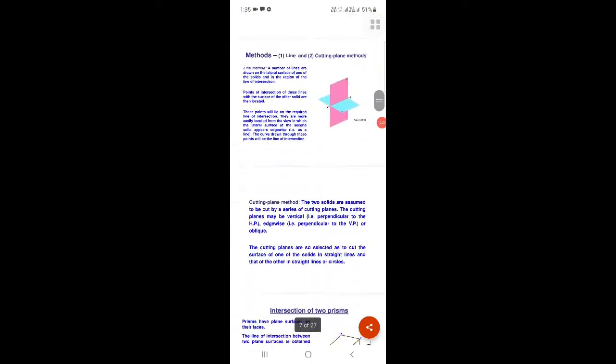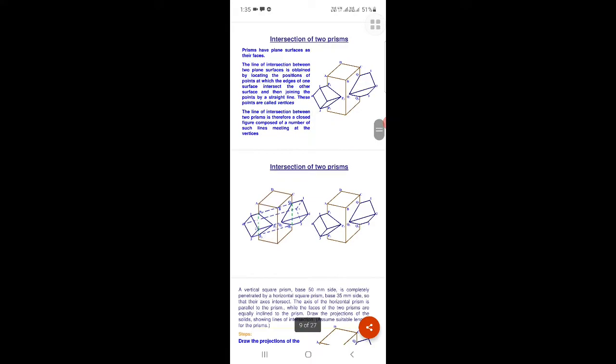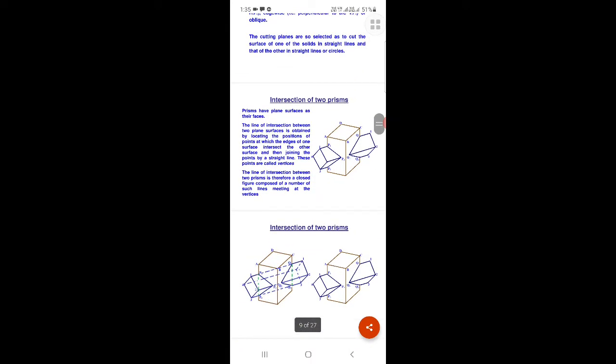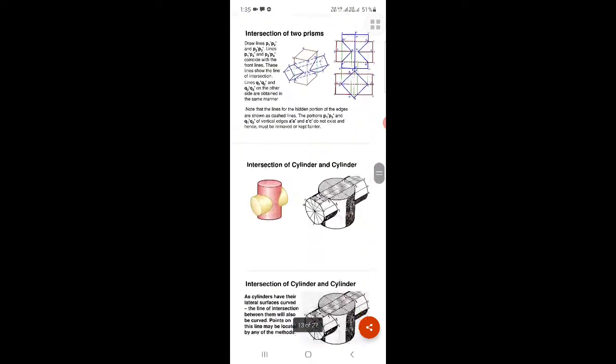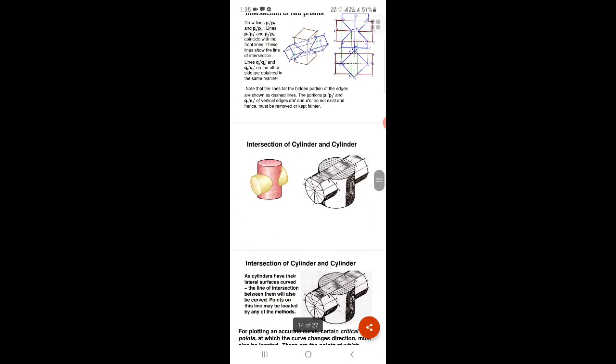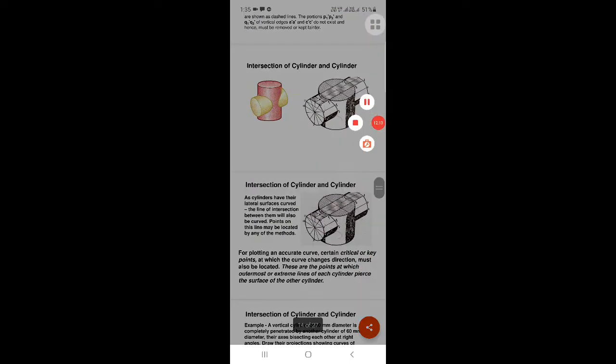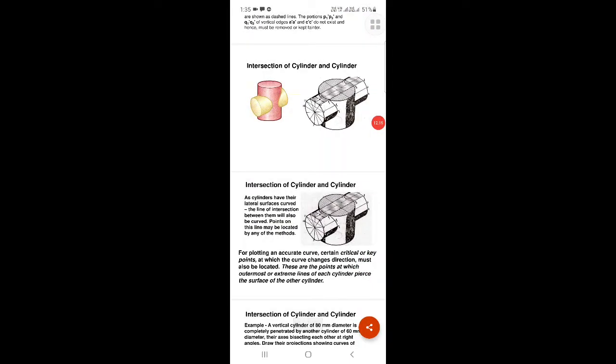Let's see the second example: intersection of two prisms, and intersection of cylinder with cylinder. In this, there is one cylinder having curved lateral surface, so the line of intersection will also be a curve. The points of this line may be located by any of the above methods.